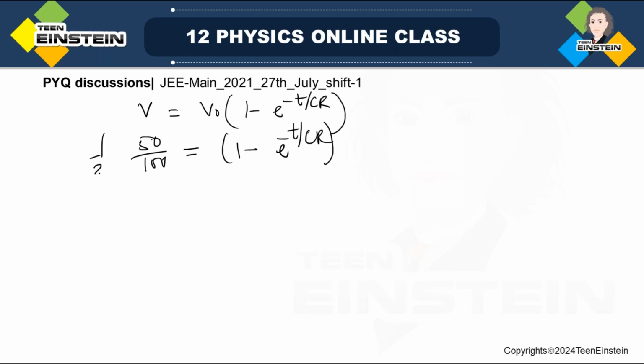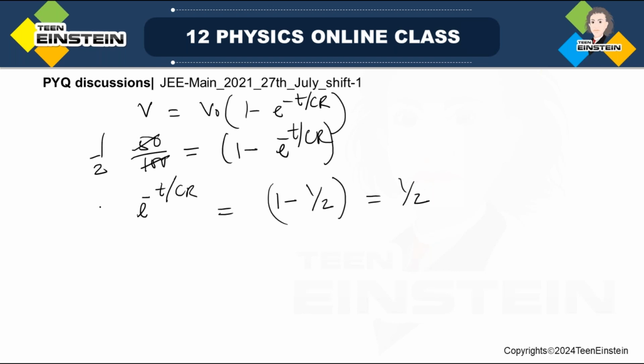So this will be half, right? So I can write e to the power minus t by CR is equal to 1 minus half. Okay, that means half.